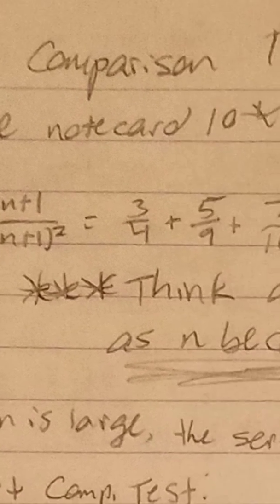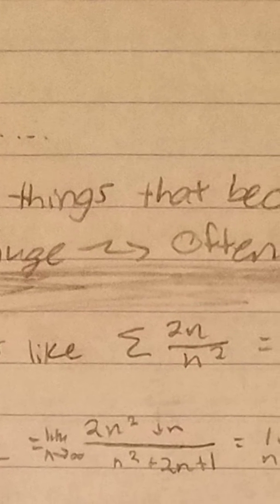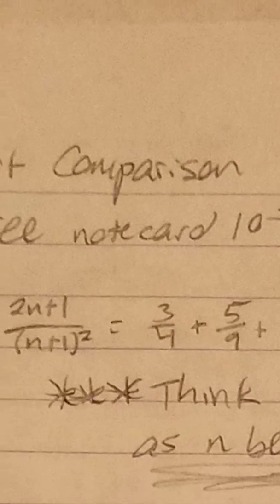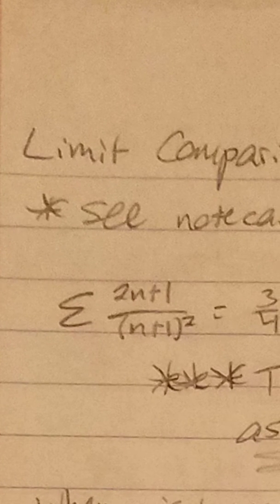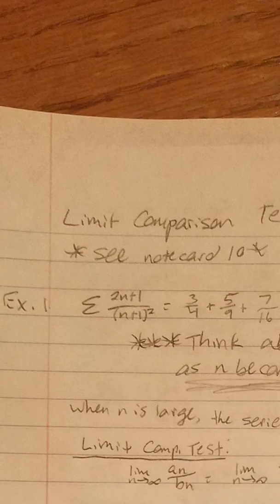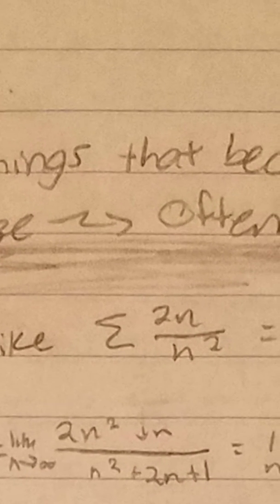When n is large, the series acts like the summation of 2n over n squared. Why does it do that? Well, because as n becomes huge, that 1 becomes kind of irrelevant. Both of those 1s become kind of irrelevant. I think that's pretty self-explanatory, because n is growing so big that 1 is just not that important. So it starts to act like this.